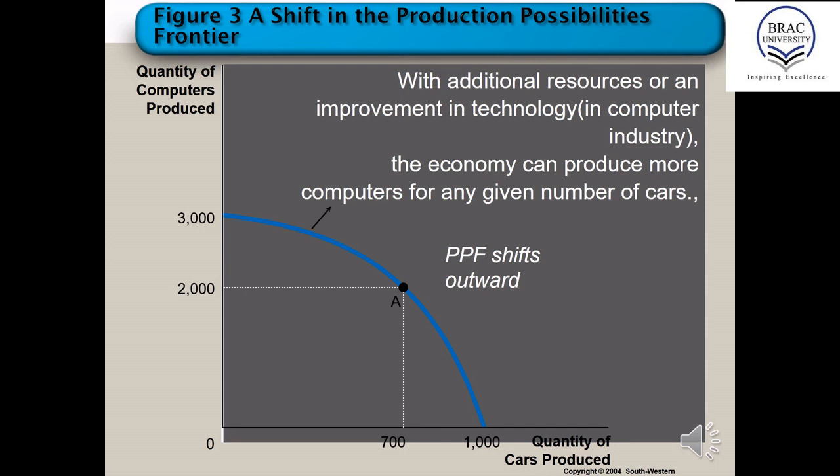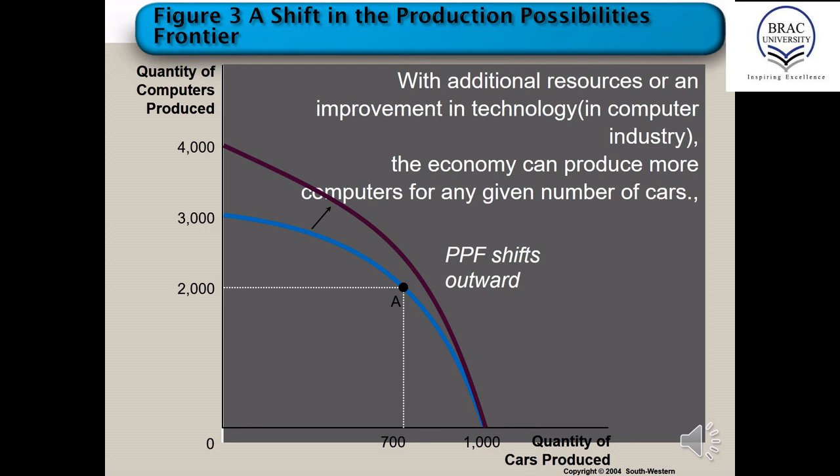But since labor becoming more productive only in the computer industry doesn't affect the labor in the car industry, the amount of cars that we were producing will be the same, but the amount of computers we are now producing would be rising, and that is why the PPF would rotate towards the computer sector.